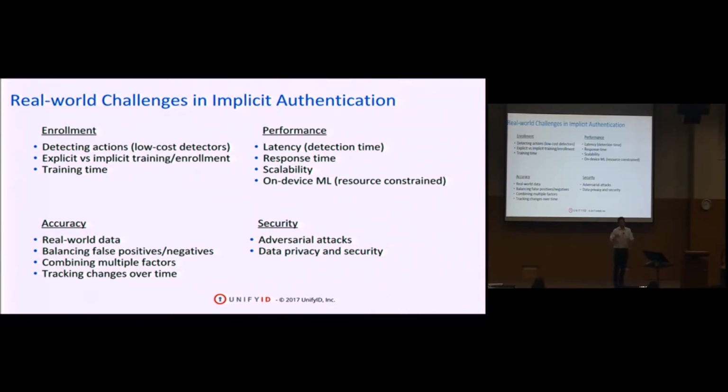Because you'd have to look across somebody's behavior for months or years to get high levels of accuracy, right? And so there's some techniques you can use on that side.